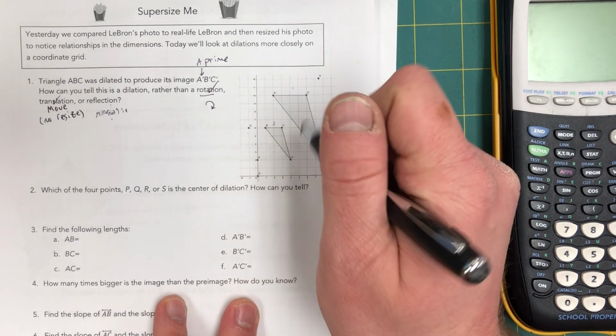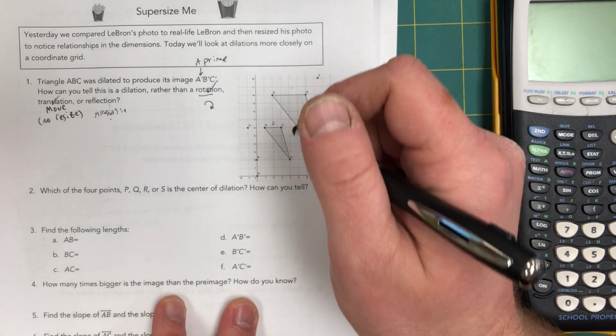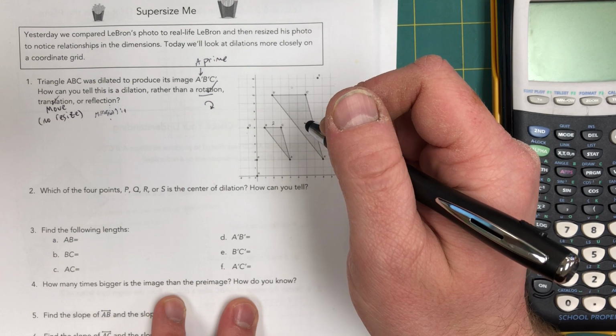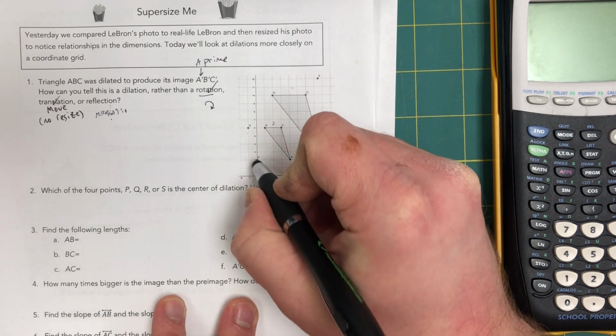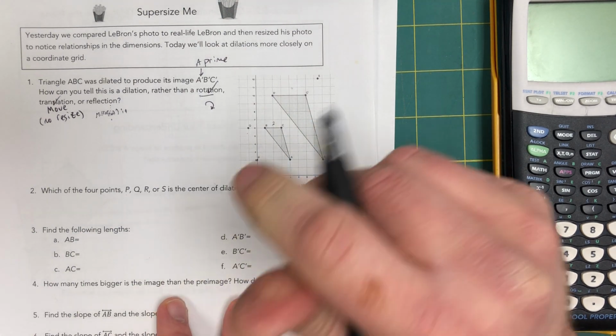And the way we do a dilation on paper is we pick a point that we're going to dilate about.